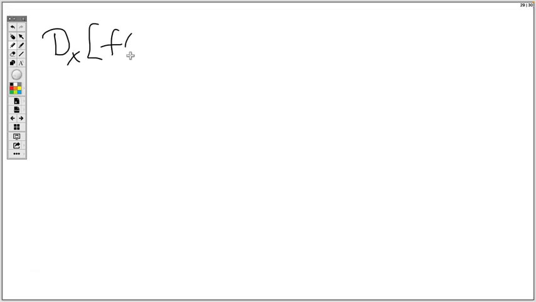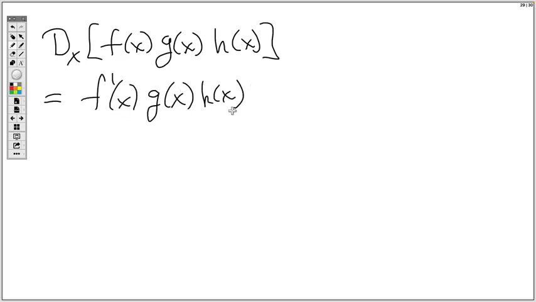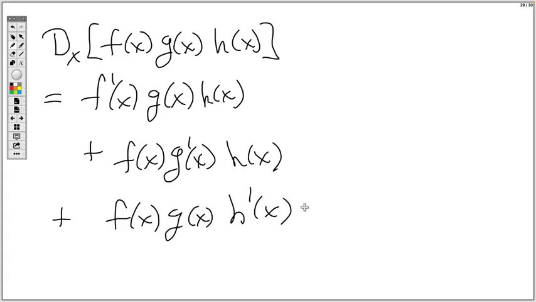If you were taking the derivative of f times g times h, you can use the same methodology. I take the derivative of the first one while the other two wait, plus the derivative of the second one while the other two wait, plus the derivative of the third one while the other two wait. So you can have as many factors as you want.